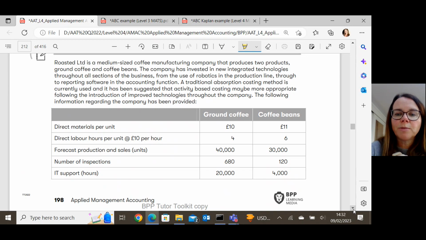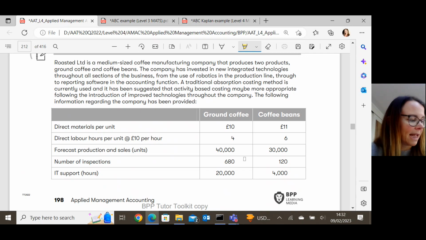A traditional absorption costing method is currently used, and it has been suggested that activity-based costing may be more appropriate following the introduction of improved technologies throughout the company. The following information regarding the company has been provided.